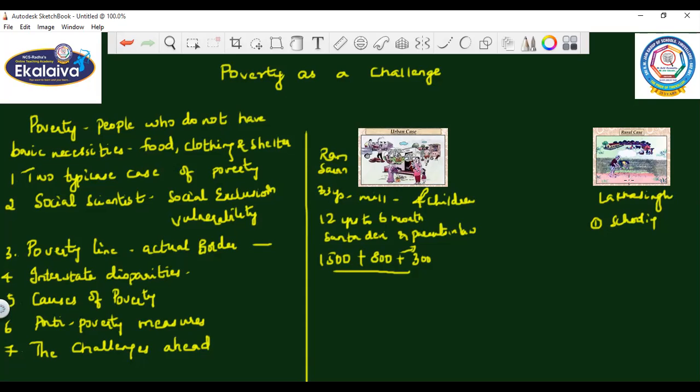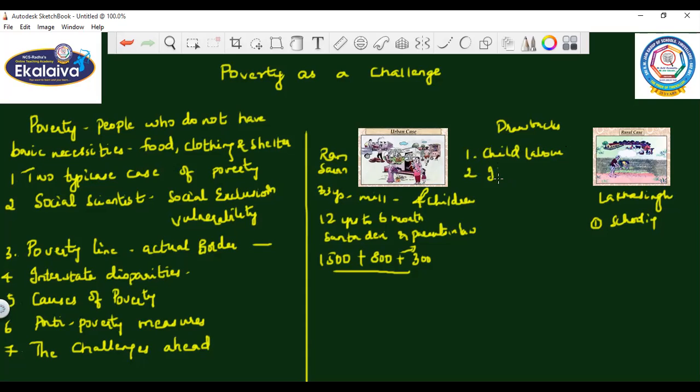Now, you can see lots of drawbacks in these two cases, children. Can you tell me what the drawbacks are which you can see in these two? The first one, you can see child labor. Can you say who is just going for work, children, and is a child? That is, of course, Ram Saran's elder son who was working in a tea shop, right?